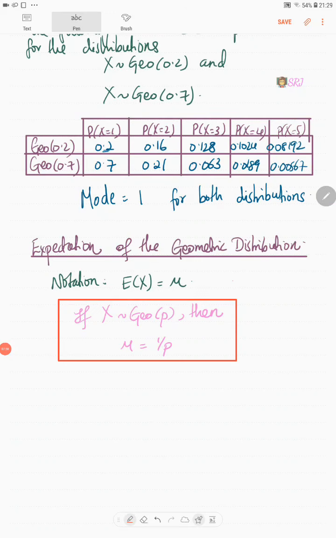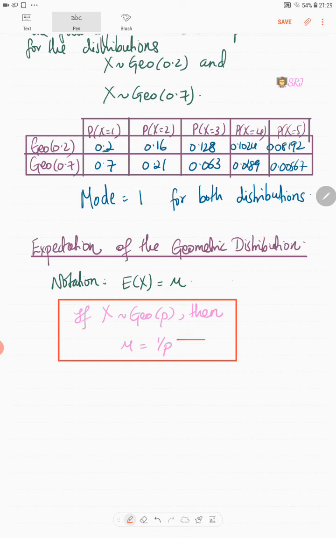Next, we have the expectation of the geometric distribution. If you recall, the notation for expectation is capital E(X), and it is also written as mu. Here we have another interesting result which says that if X follows a geometric distribution with parameter p, then mu, that is the expectation, is given as 1 over p.